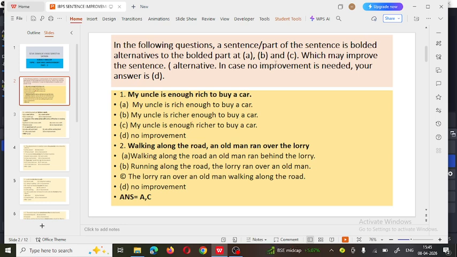If you find that there is no need for any kind of improvement, then you can select option D, that is no improvement. So let's see the first sentence.